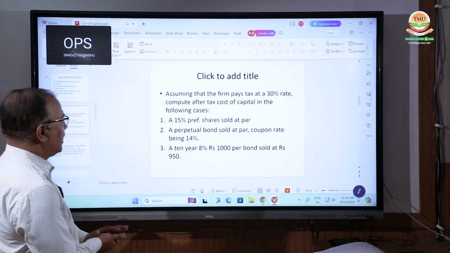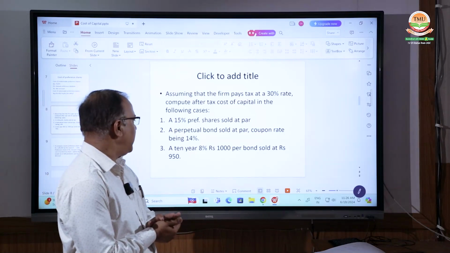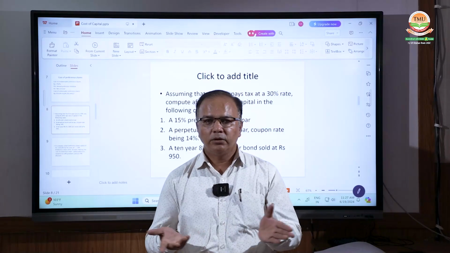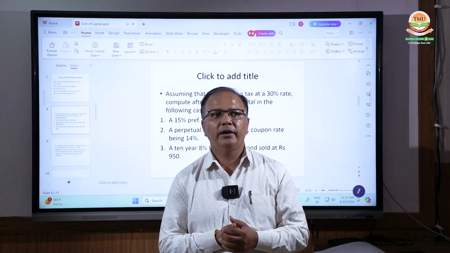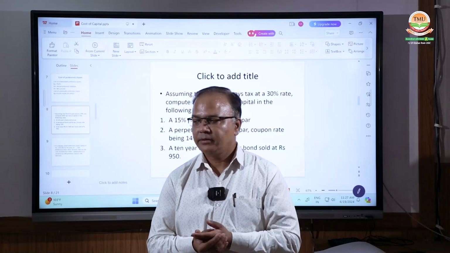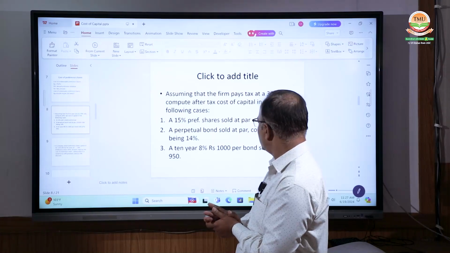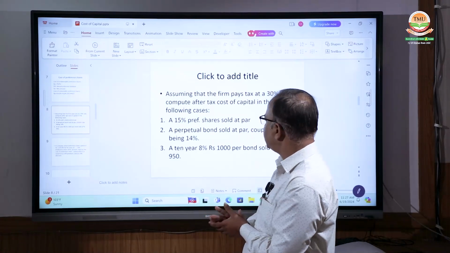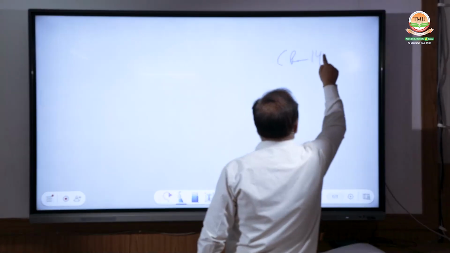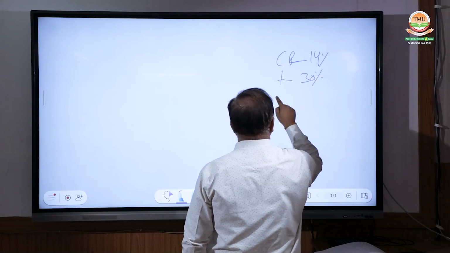Next problem. A perpetual bond sold at par, coupon rate being 14%. Now you have to calculate the cost of irredeemable debt, where the coupon rate is 14% and the tax rate is 30%.